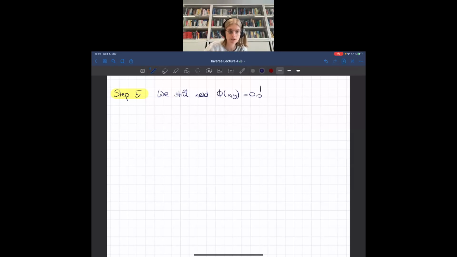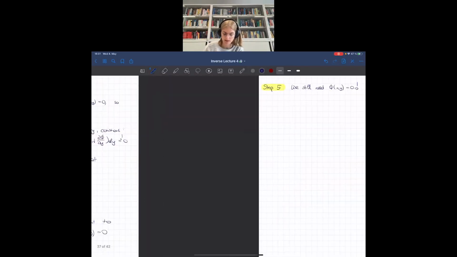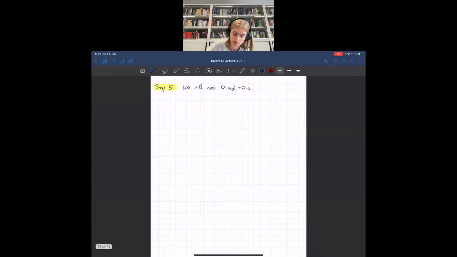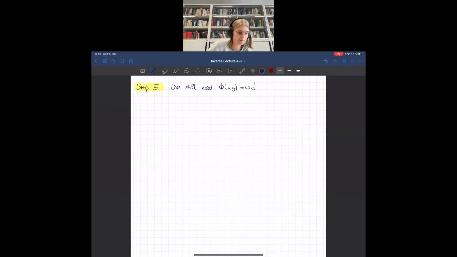And all the three things we have now in our mind. So the equation regarding phi, and then the equations regarding the derivatives of x and y, are summed up into one problem. So we have the thing regarding the derivatives of x.